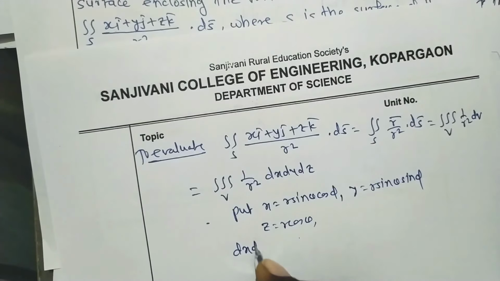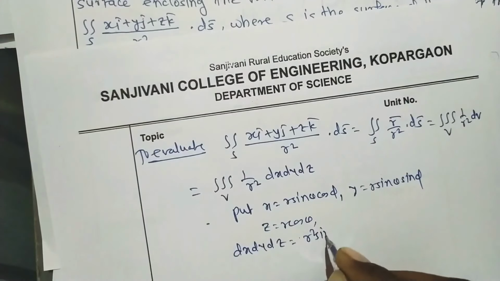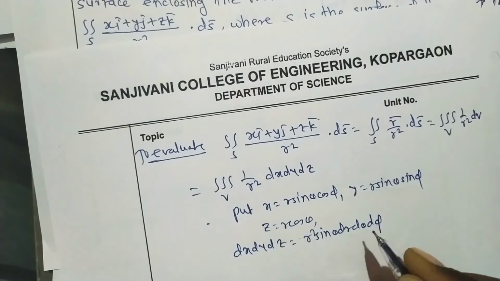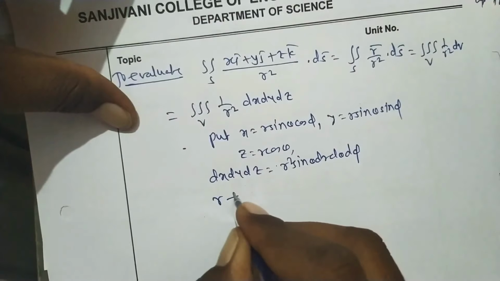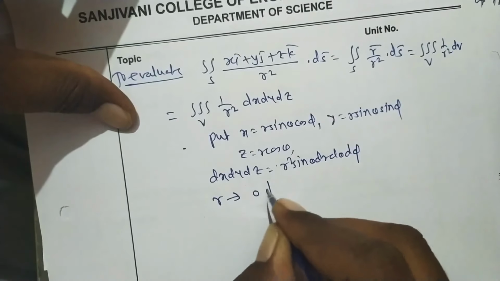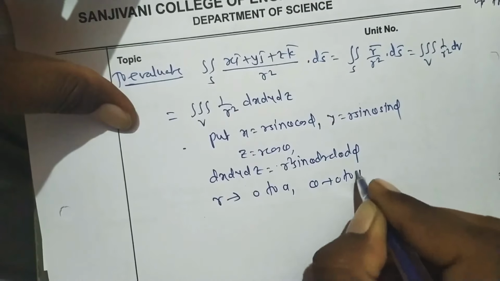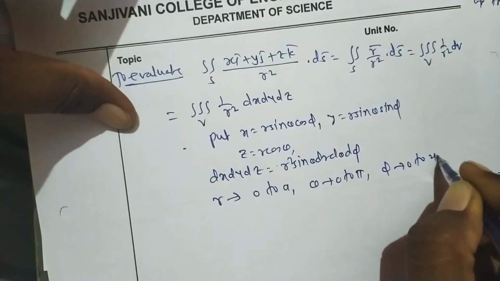Then dx dy dz is equal to r square sin theta dr d theta d phi, and here the radius of the given sphere is a, so r varies from 0 to a, theta varies from 0 to pi, phi varies from 0 to 2 pi.